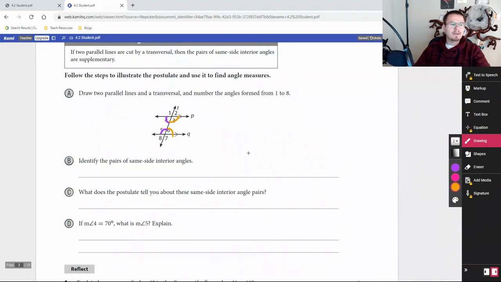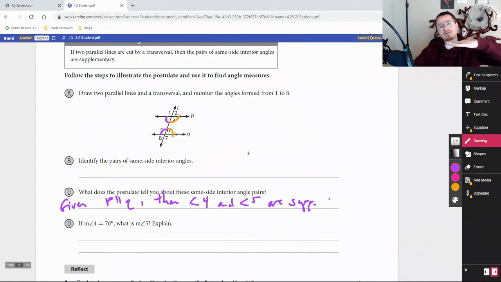How you would write this out, and this is where we start getting into some formal-ish language: given P parallel to Q, then angle 4 and angle 5 are supplementary, and you can say the same thing about 3 and 6. You can clearly see that P is a straight line, 180 degrees, because it's following the postulate. So make sure you got that.